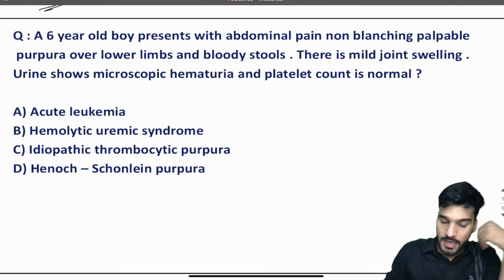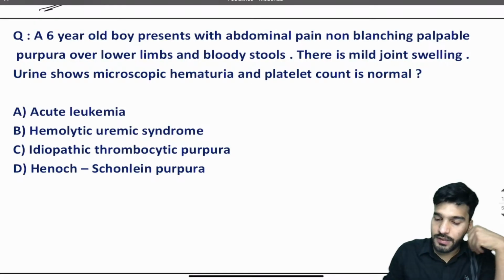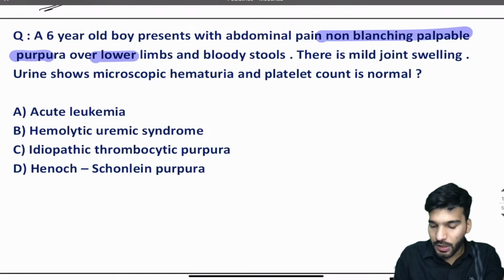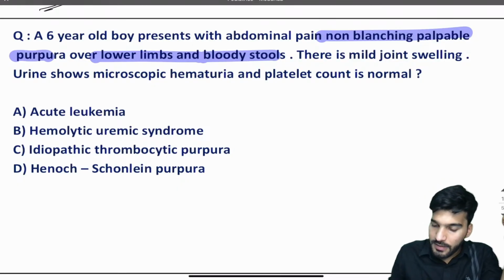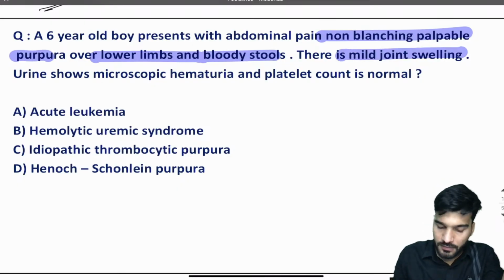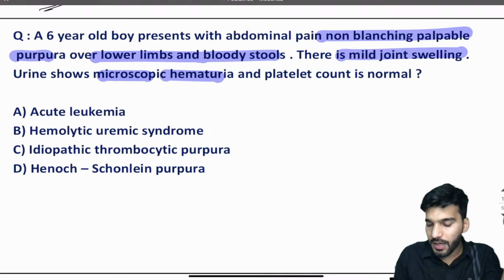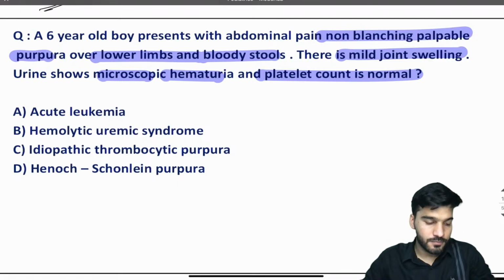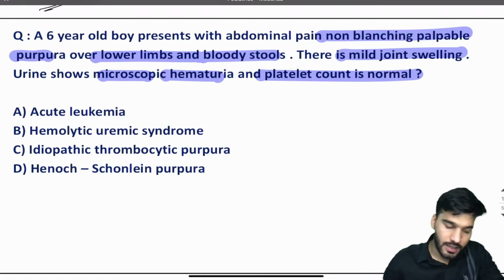Okay, next question. A 6-year-old boy presents with abdominal pain and non-blanching palpable purpura over the lower limbs and bloody stools. There is a mild joint swelling. Urine shows microscopic hematuria and the platelet count is normal. So what exactly is your diagnosis?